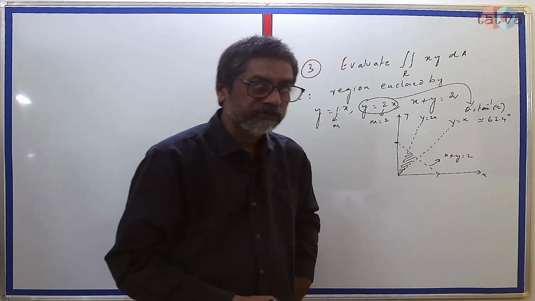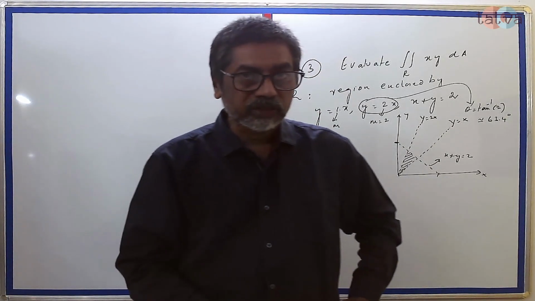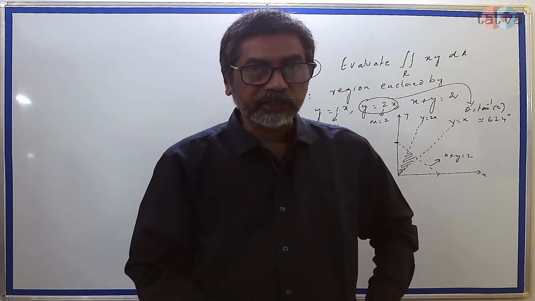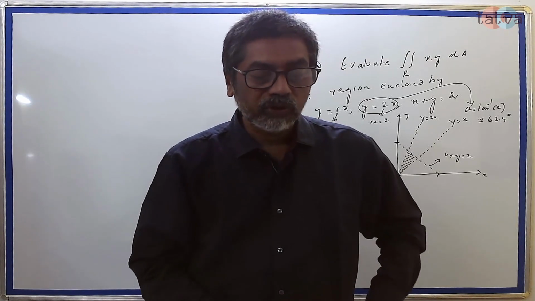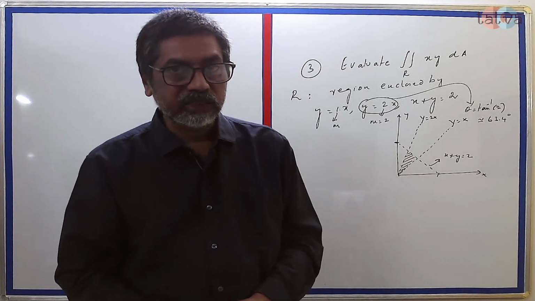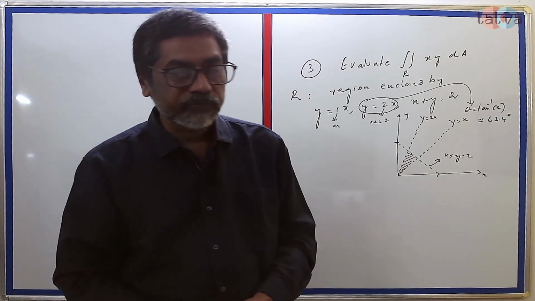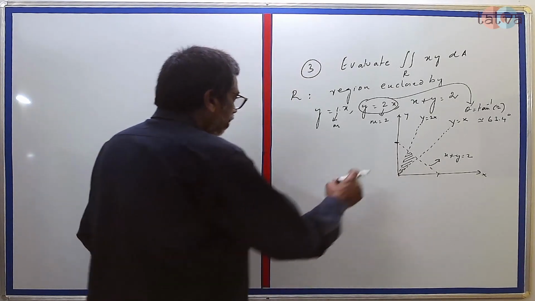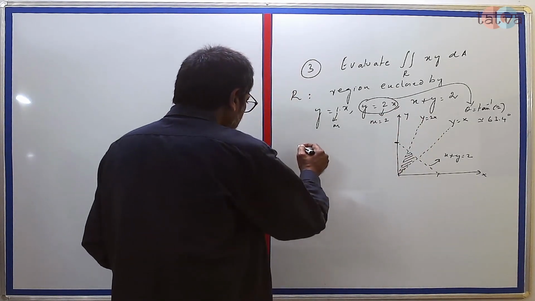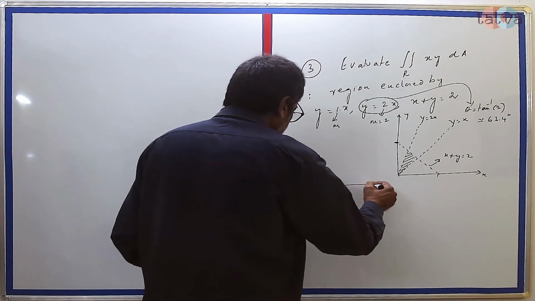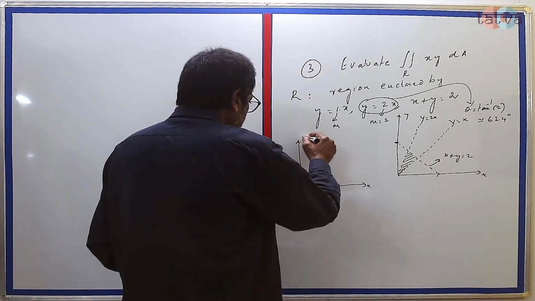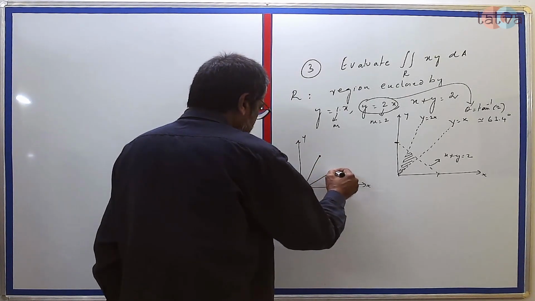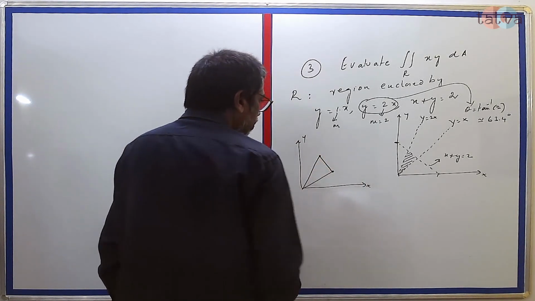So you can see it's a triangular region, but the triangle in a nasty orientation. So that itself is enough to sense that things are going to be complicated. So let me enlarge this figure for you. I will not show the other details. So I have this, I've got this, and I've got this.